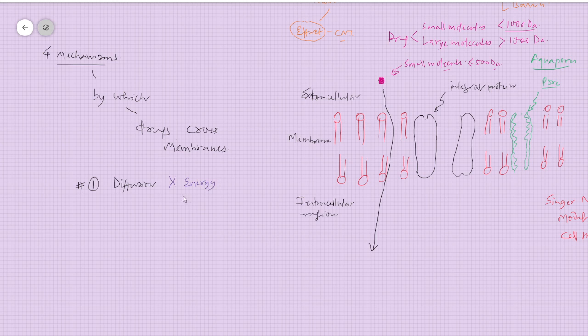And it depends on the concentration gradient. Meaning if the extracellular concentration is greater than intracellular concentration, then we say that there is a positive concentration gradient. So there should be a positive concentration gradient, and it should be a small molecule.